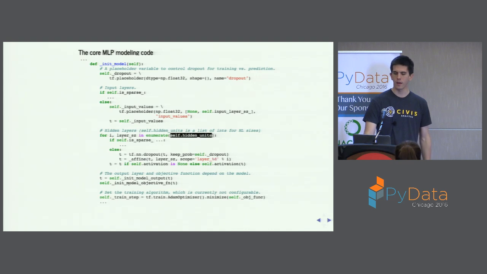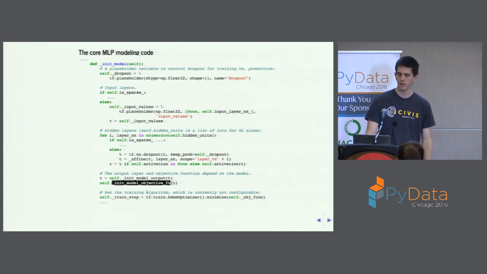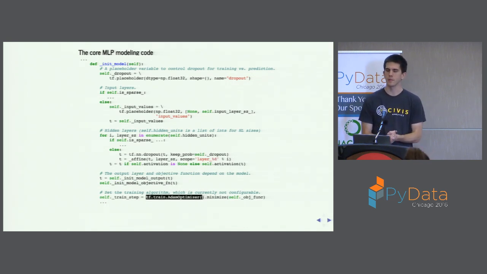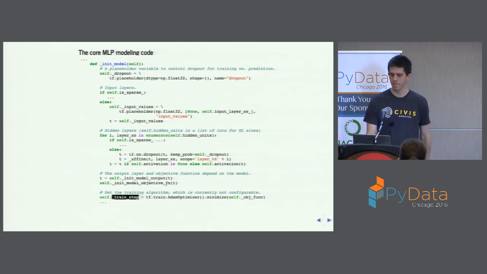And then we'll initialize our output and our objective function, which depends on whether it's classification or regression. And then we'll define our learning algorithm. As I mentioned, TensorFlow has most of the latest learning algorithms implemented already, and you can very easily set up your training.